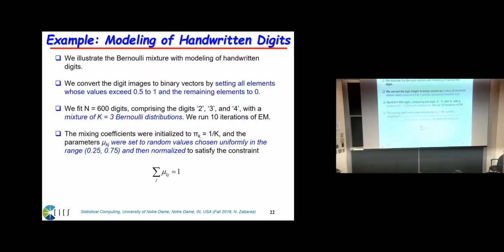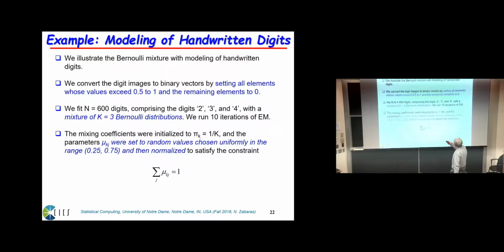So let's see what happens. By the way, you may say, wait a second, you told us all these are vectors, and now we have an image. What is the vector? Well, you take all the pixels and put them all together. That's a vector. Because in our case we work with binary values, these distributions are Bernoulli distributions, so you have to binarize the images so they're black or white.